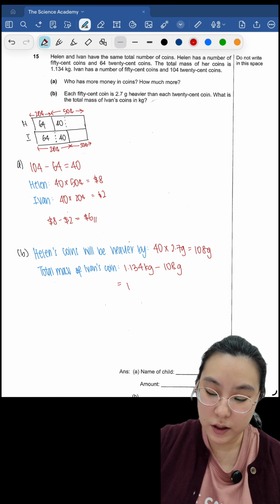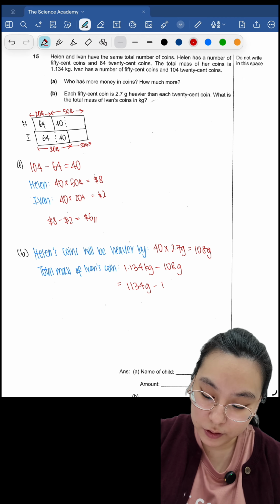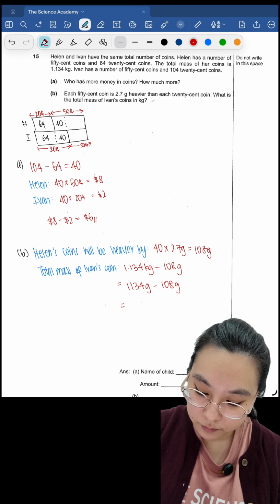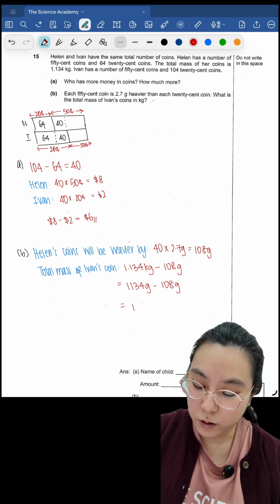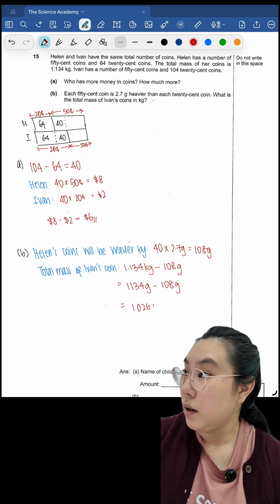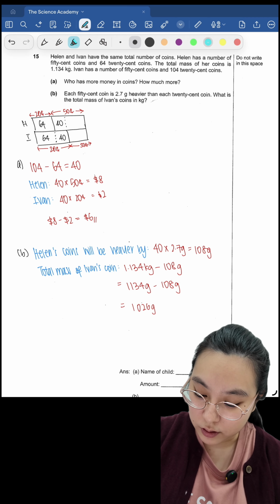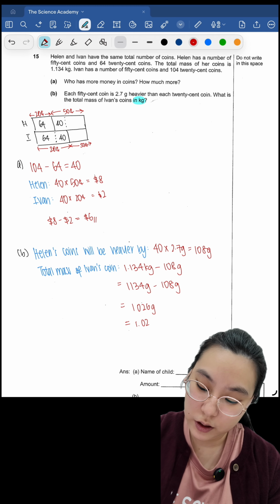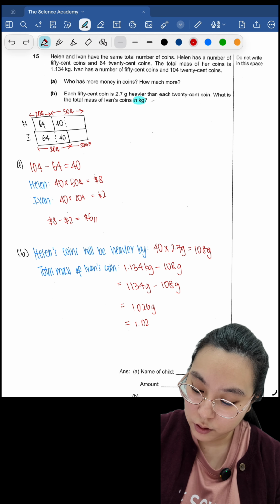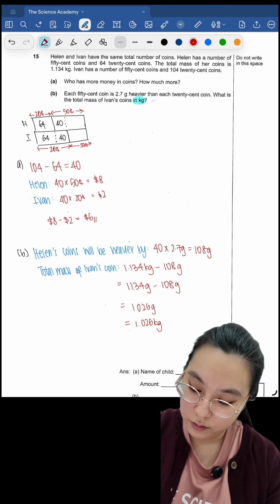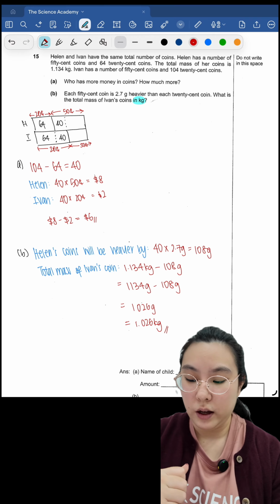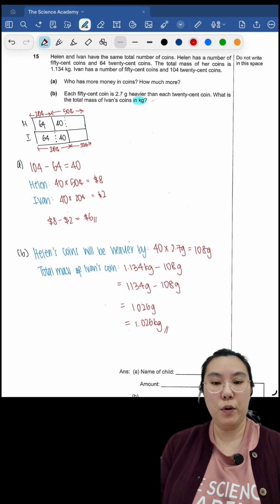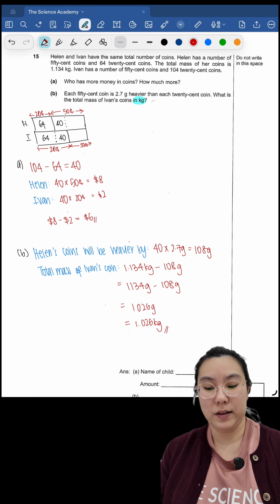To make this simpler, change your kg to grams, and you would get a final answer of 1026 grams. But the question is asking for this in kilograms, so therefore convert this to kilograms. And you have your final answer of 1.026 kilograms.